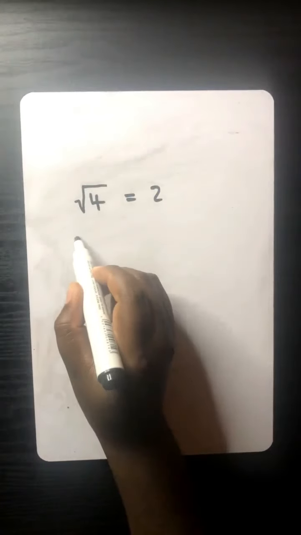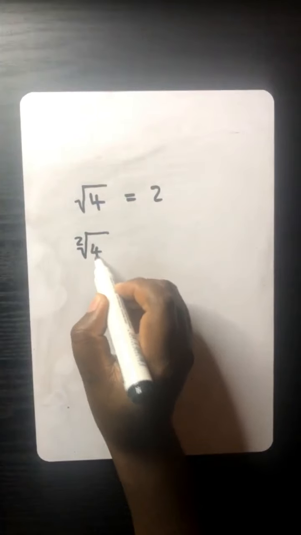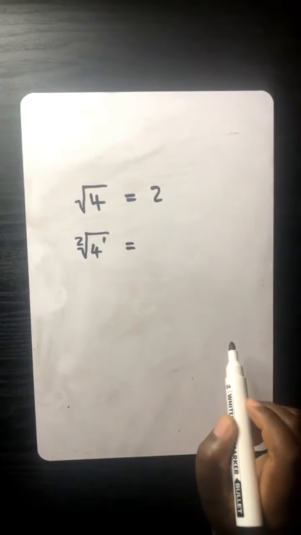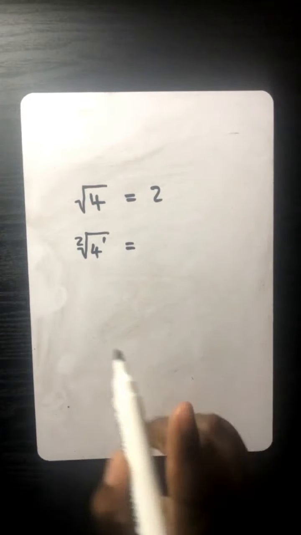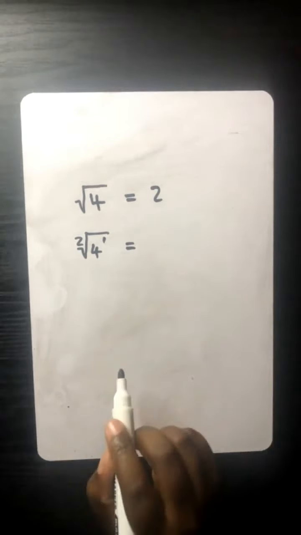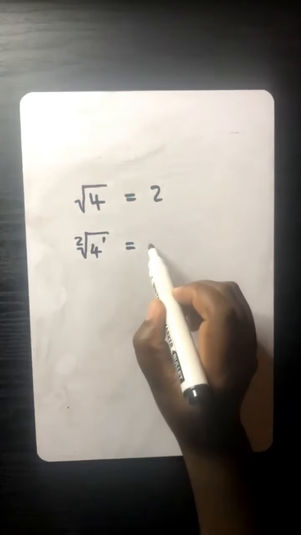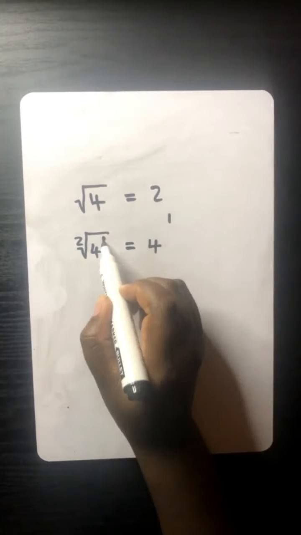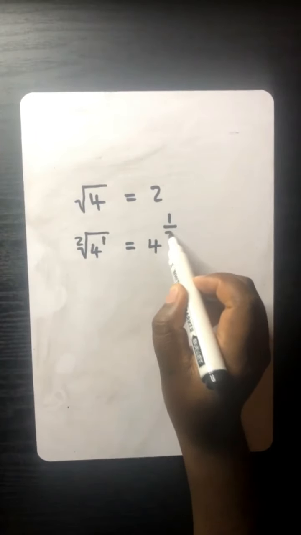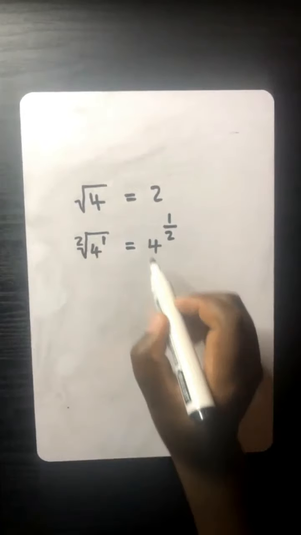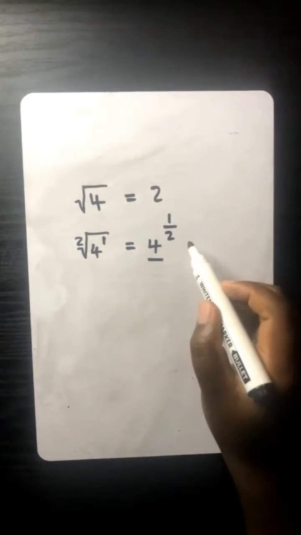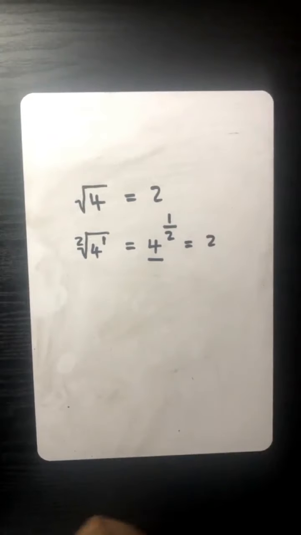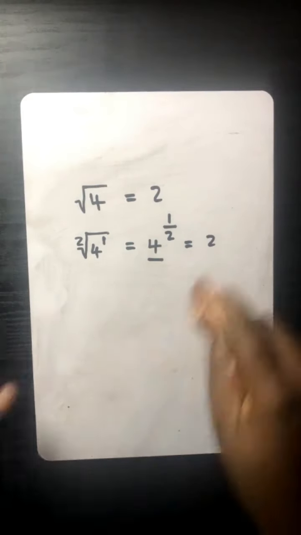So this is the same as the 2nd root of 4 to the exponent 1, which, applying a rule I taught in my previous lessons, is the same as 4 to the exponent 1 over 2. Try to punch this on a calculator and check if it gives you 2. If it doesn't give you 2, let me know.